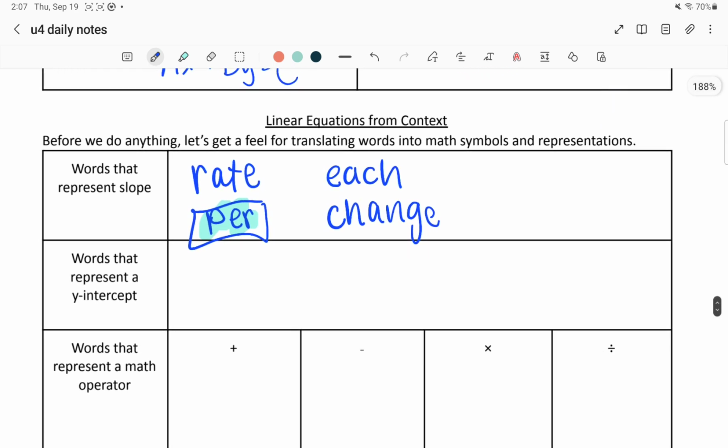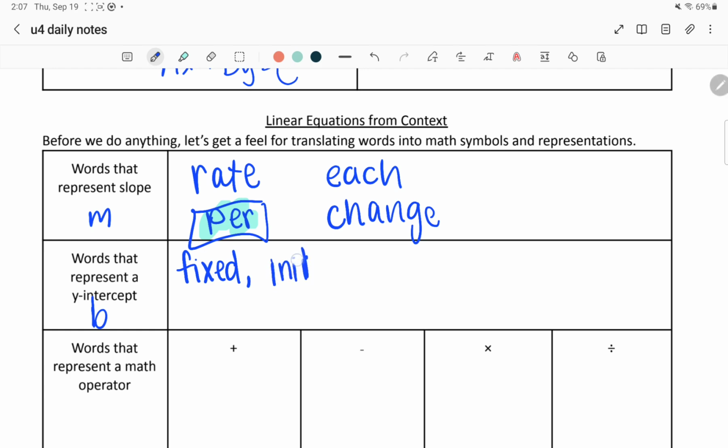Words that represent the y-intercept. Remember, that is our b in y equals mx plus b. Slope is the m. In b, you might see the word fixed, meaning a fixed price, a price that will not change.